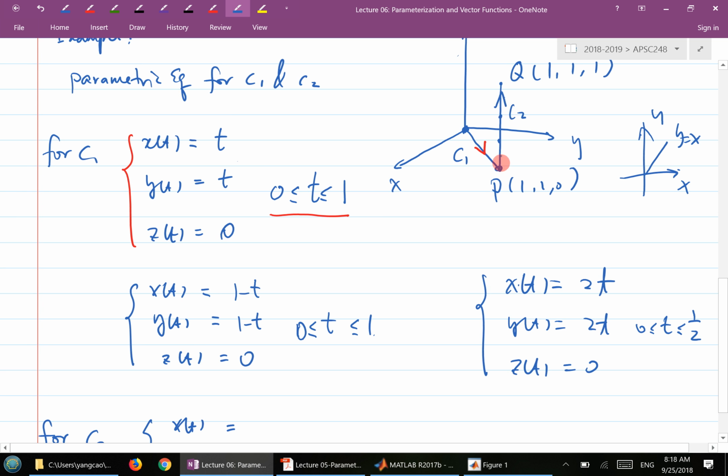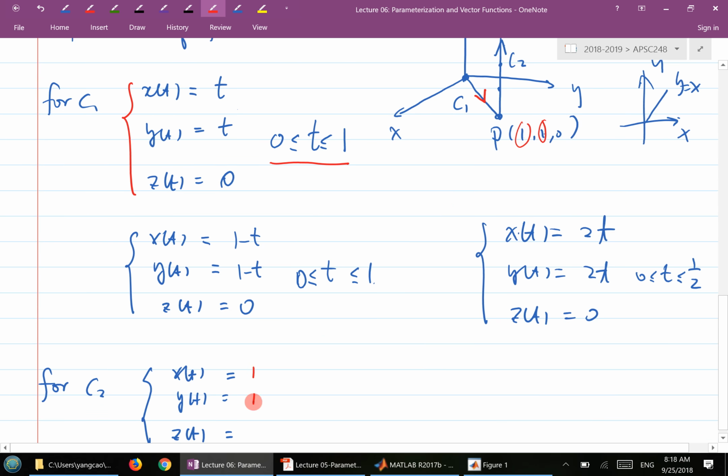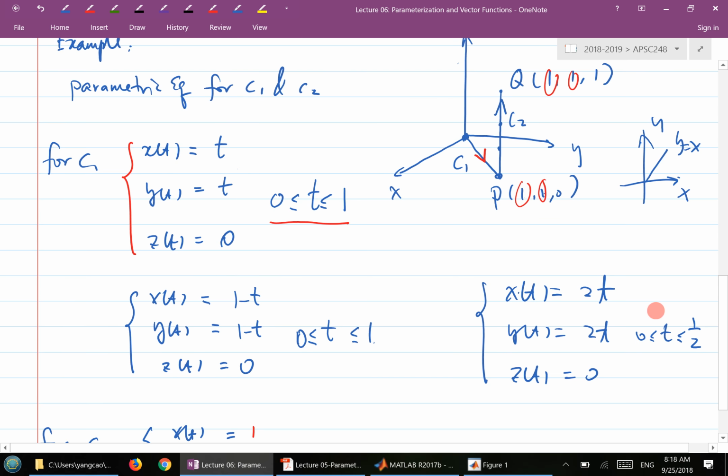Because when you're going along here, the x, y values are not changing. They're being kept constant, which is 1 and 1, so you can simply write down 1, 1. However, the z value goes from 0 to 1, so that's a changing quantity.